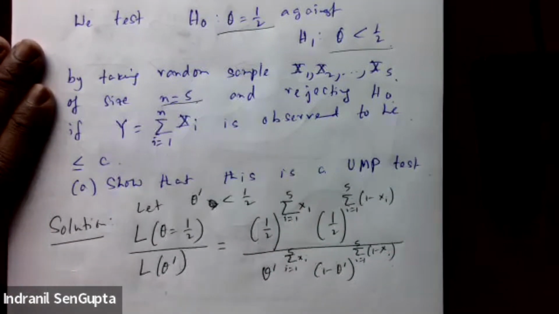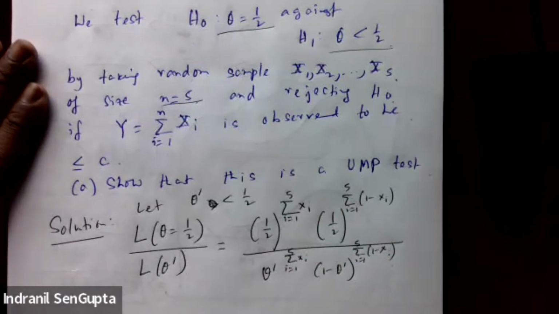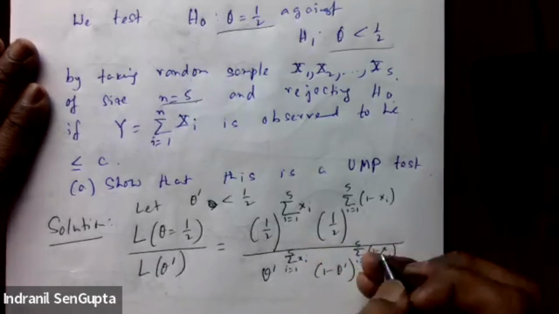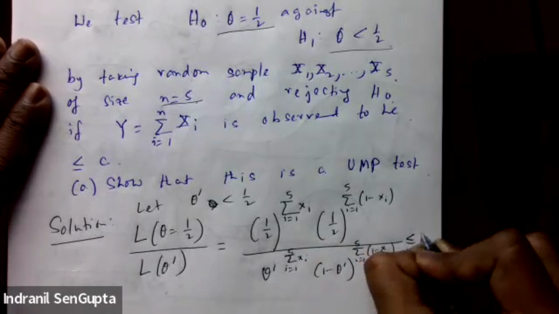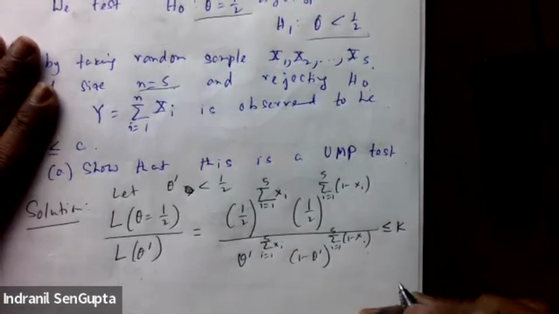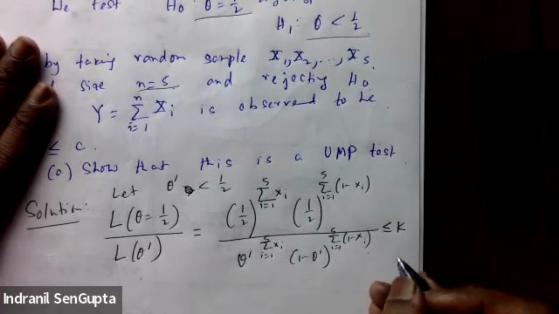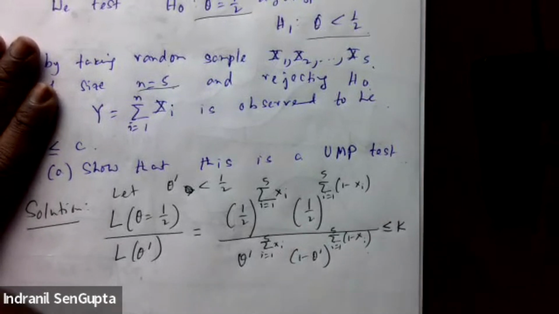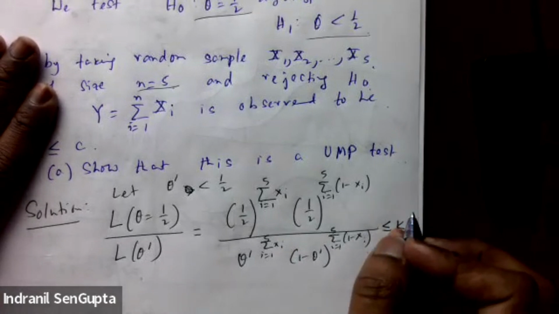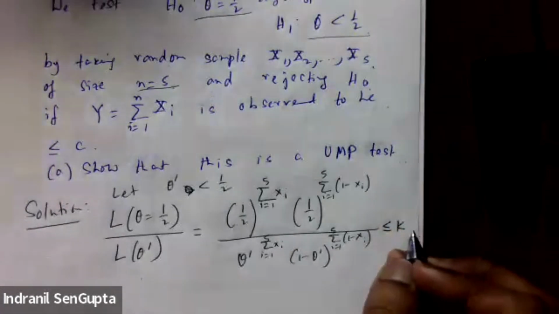Okay, so that's the quantity. We want this to be less than or equal to k for the critical region.